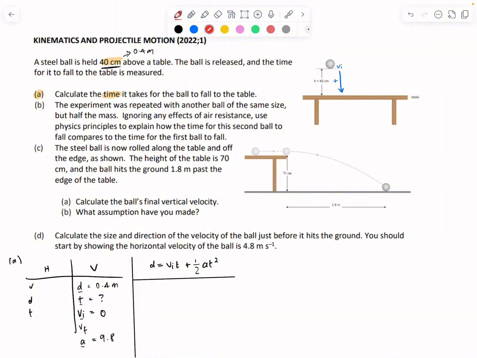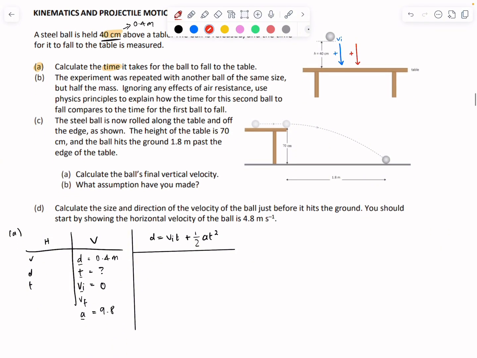Then we look at gravity. Is it opposing the direction of our velocity vector? Well, gravity always acts down, always. Is it opposing the direction of our initial velocity? No, it's going in the same direction. So it's also going to be positive, okay?